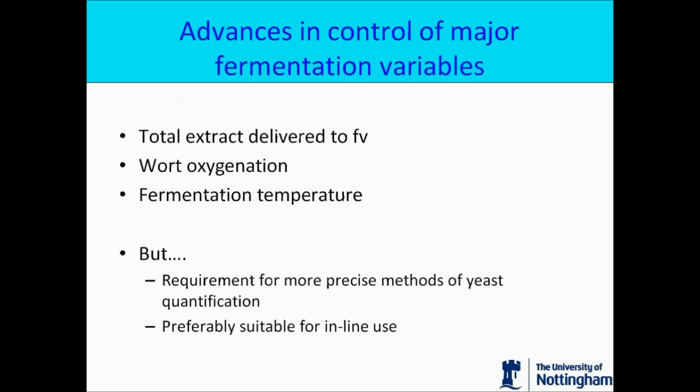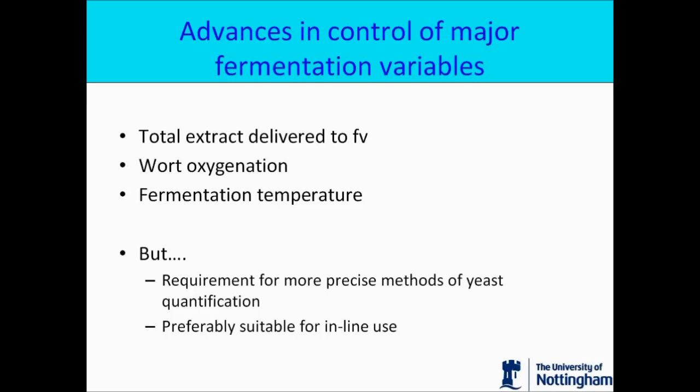Well, I think since that time, when I showed you those graphs that date back to 1990, we also were not probably very good at being able to control total extract going into FV. We were not very good at being able to control giving a known dose of oxygen.